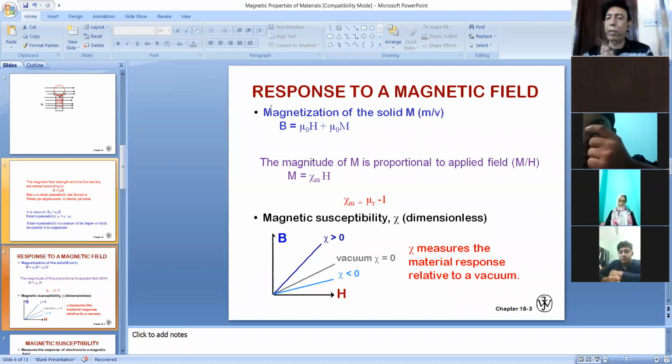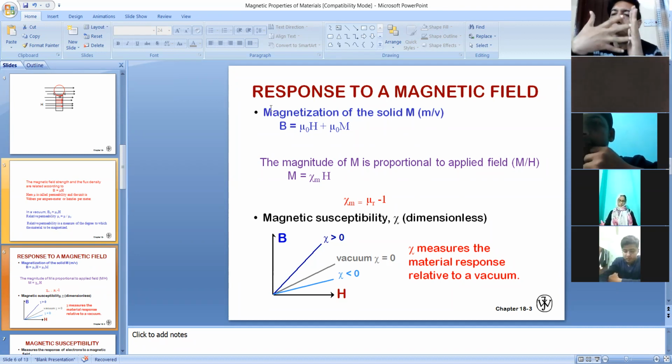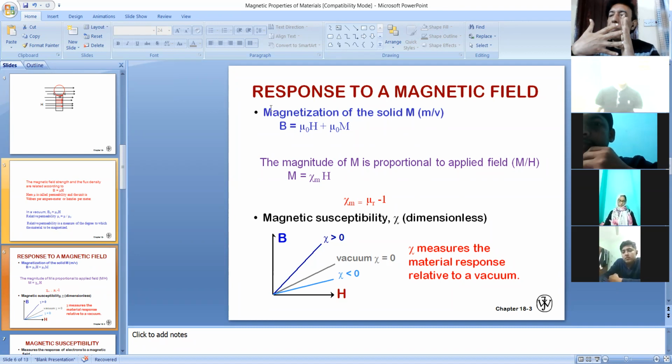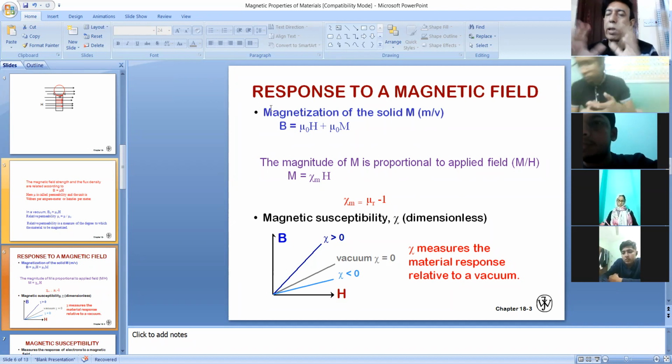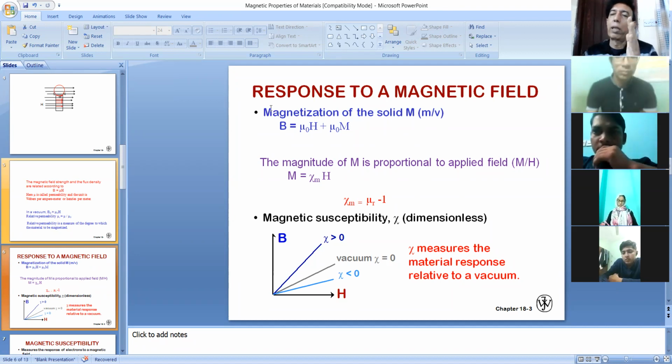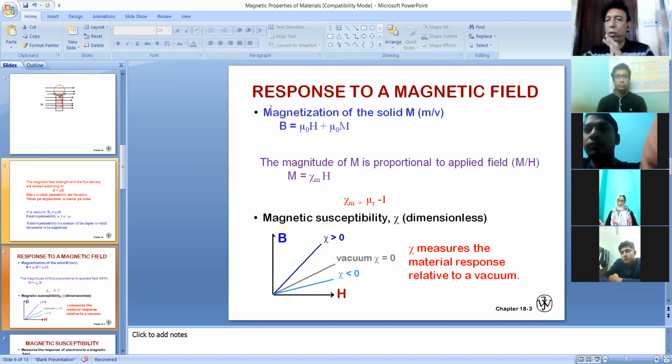You have a magnetic material. Say, for example, 10 lines of forces enter into the magnetic material per unit area, which means per unit volume, meaning per meter square. So per meter square of a magnetic material, you have 10 lines of forces entering.